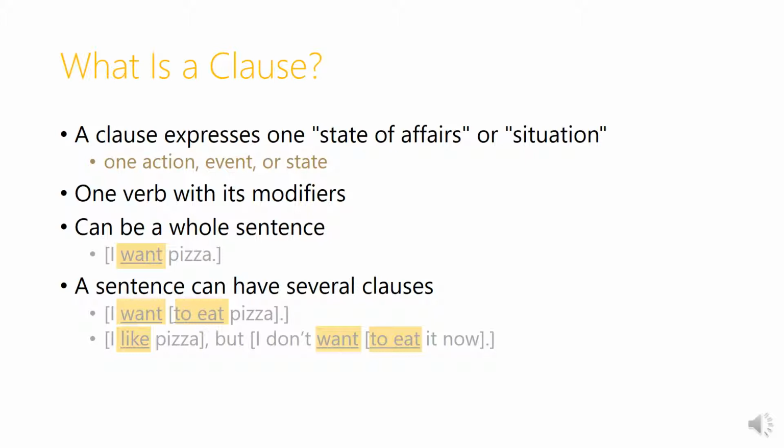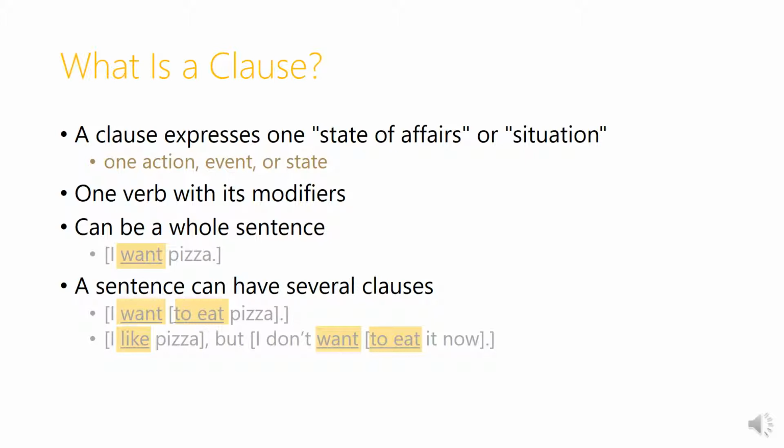But a single sentence can also have several clauses. We might say, I want to eat pizza. There we have two clauses nested one inside the other. The verb want, and I modifies want, tells us who's doing the wanting. Now, I want something, but when we describe what it is we want, we use another verb, to eat. That's the infinitive, to eat pizza.